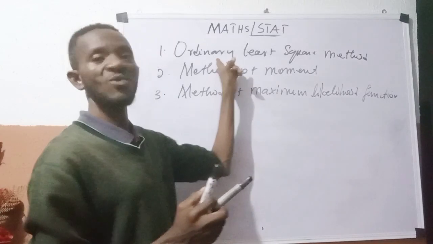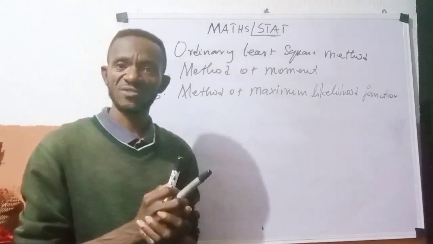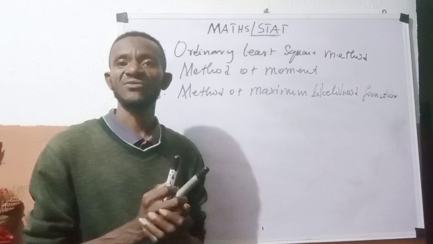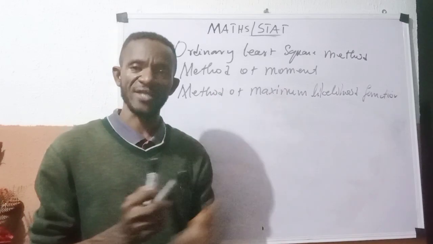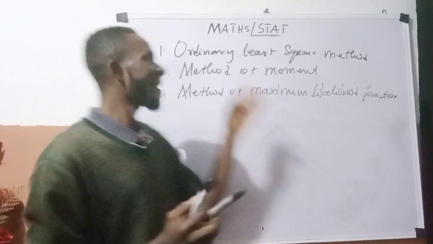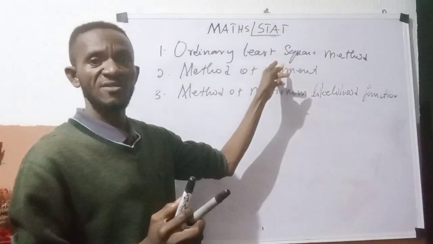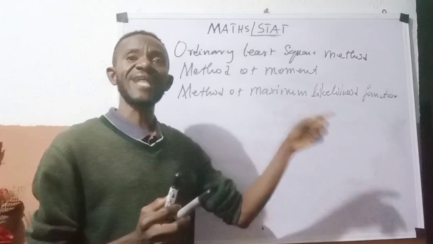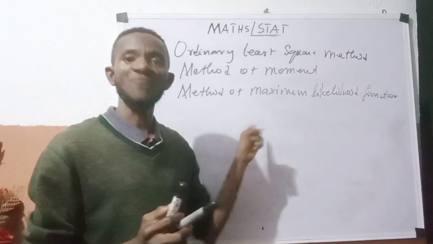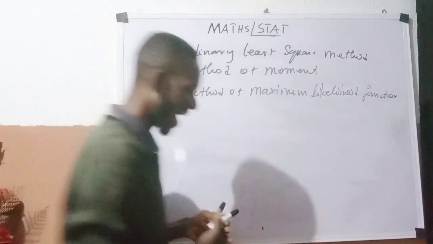So that is actually what this method helps us do. It minimizes the sum of the square residuals. And by the use of this method, the estimates for the intercept and the slope of the regression model are given as follows.